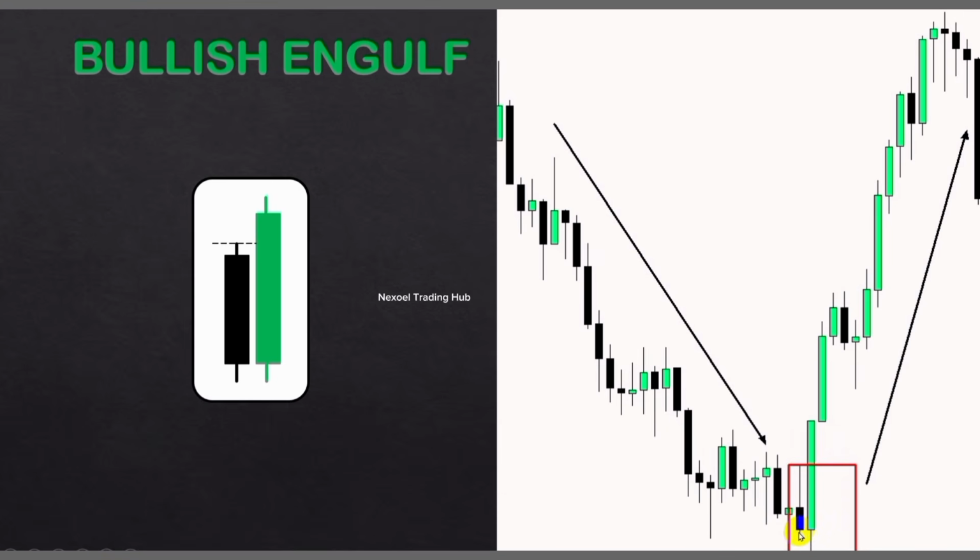It raided this previous candle wick, and then we have the expansive movement to the upside, where price violated the high of this bearish candle, closed even above the open price of this bearish candle. So this is a sign of reversal. And then you can see we have the expansive movement of price to the upside. So this is the bullish engulfing candle and also the explanation of the bearish engulfing candle.